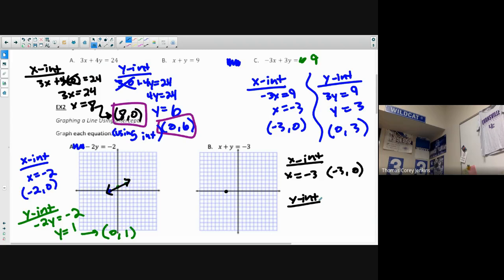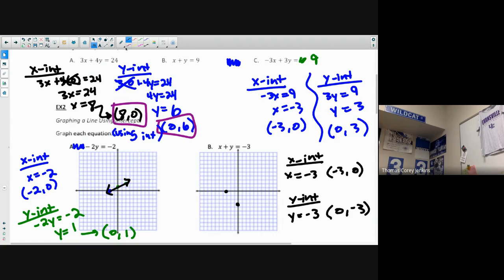All right, I want you to go ahead and name the y-intercept. Hopefully you zeroed out the x, so you get y equals -3. So that's going to be the point 0, -3. And there you go. You've got enough there.